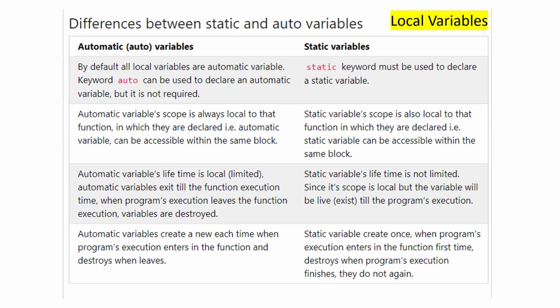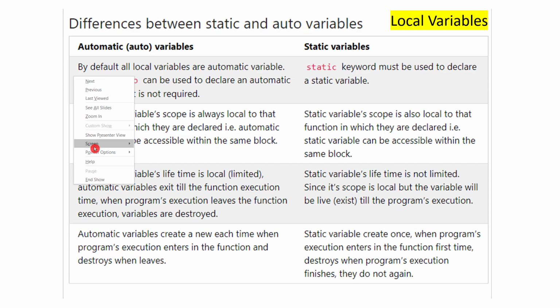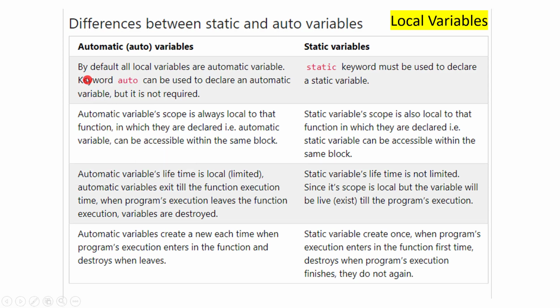So it's a comparison between the static and the auto variables. Automatic variable means the local variable. By default, all local variables are automatic local variables. Hence, auto can be used to declare an automatic variable, but it's not required.